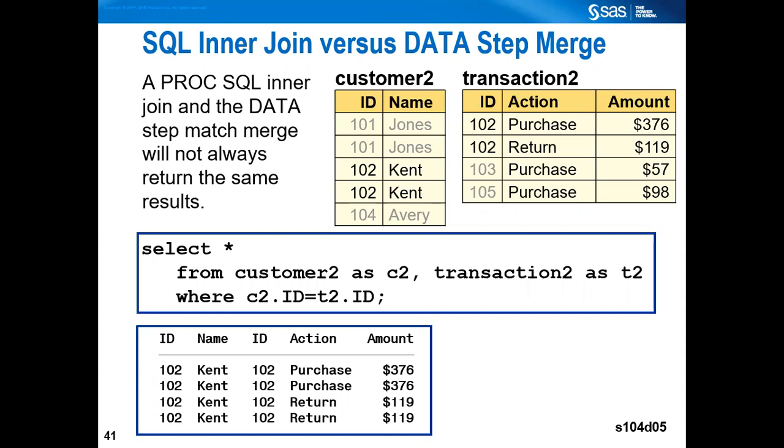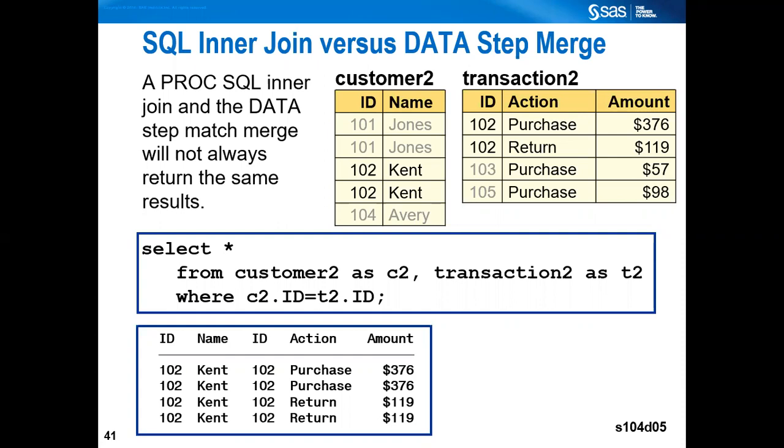So now you have tables called customer 2 and customer transaction 2. Now look at these ID values. Look at your code and look at the output of your SQL. So does your SQL result and data step merge give you the same result every time? Look at the result here. Look at your two tables. If you have written data step merge, ideally would it give the same result as they are showing you with SQL output?